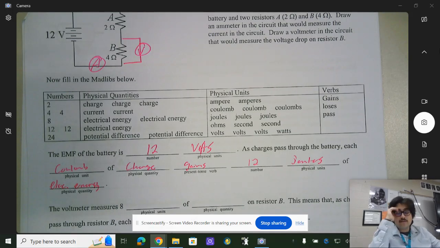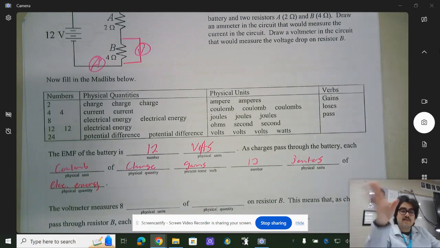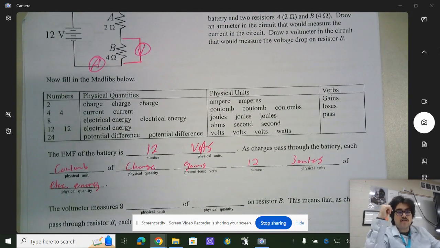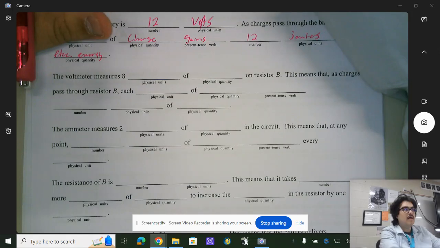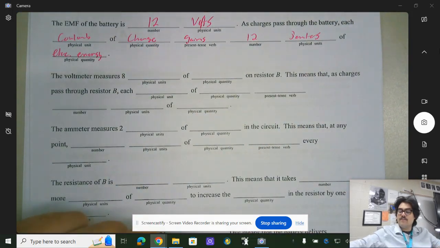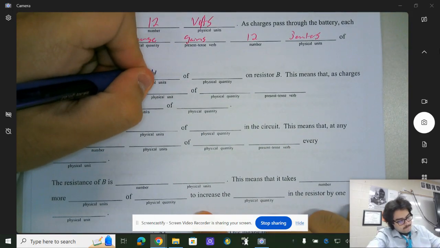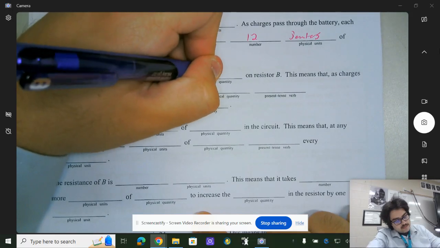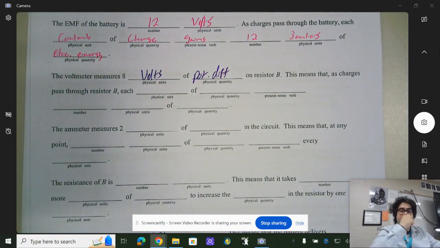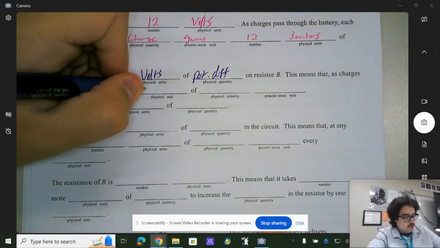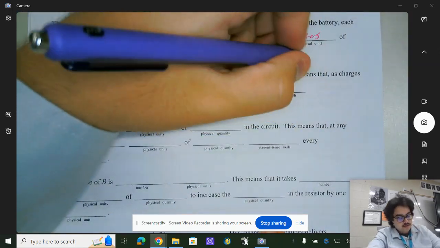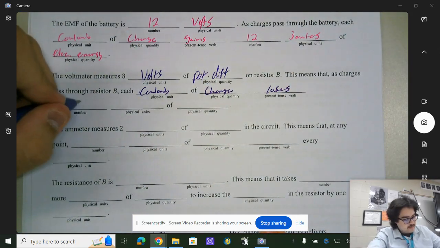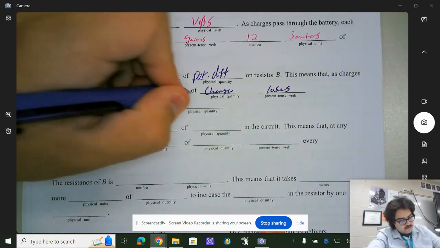So every single time a charge passes, the battery is giving it 12 joules of electrical energy, which it will then use on the resistors. The voltmeter measures 8 volts of potential difference. I'm going to shorten it as pot diff. Potential difference, it's voltage. This means that as charges pass through resistor B, each coulomb of charge loses 8 joules of electrical energy.